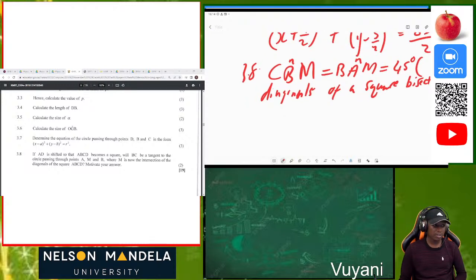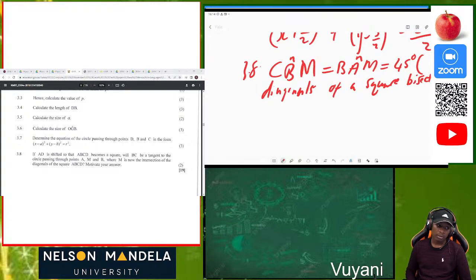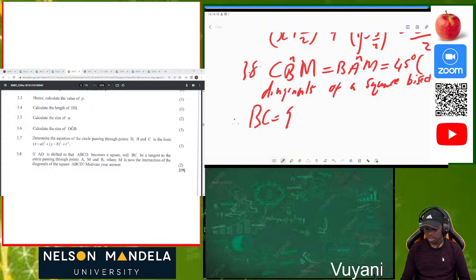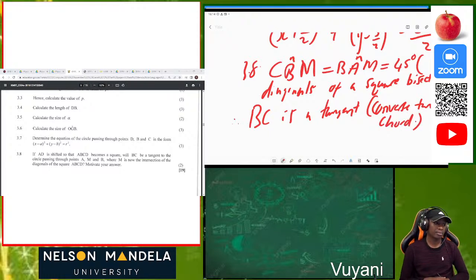So we can therefore conclude that BC is a tangent. Why? Converse tan chord theorem. That will be our reason, converse tan chord theorem.